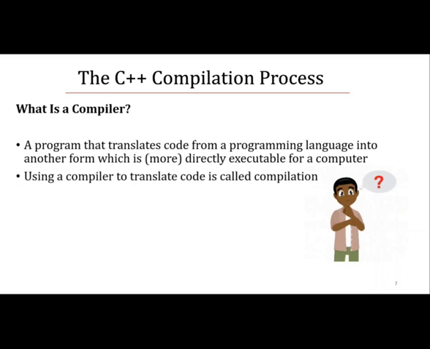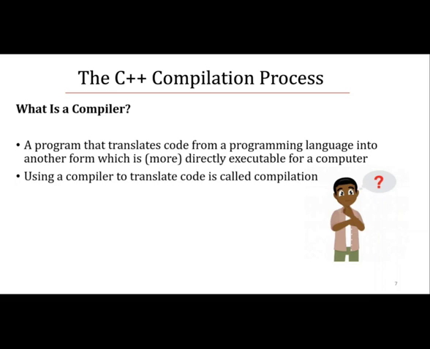C++ is designed to be a compiled language, meaning that it is generally translated into machine language that can be understood directly by the system. This makes the generating of the program highly efficient.